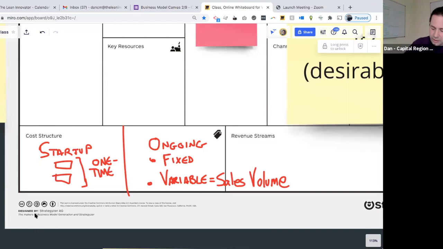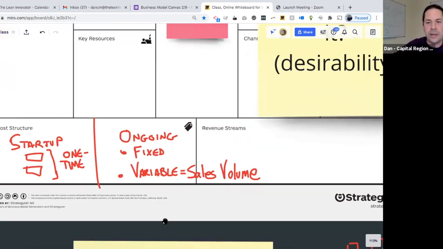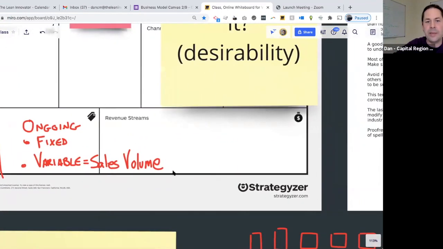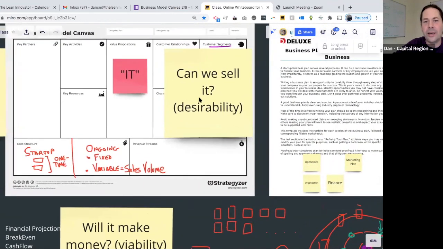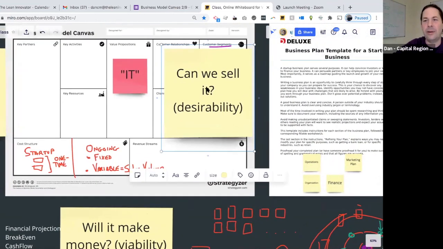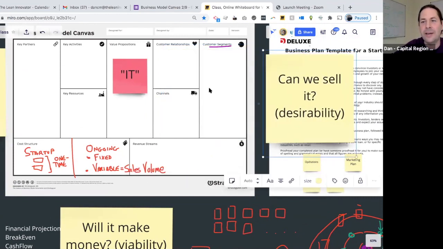Okay, so how do you capture all that? Well, you use that spreadsheet down there, and that's in a separate class, so I won't get into too many of those details. What I want to do now is talk to you about revenue streams, because revenues are what offset the costs. When I'm looking at what my revenue streams are and how they work, I'm going to come back over here to the desirability portion of the canvas.